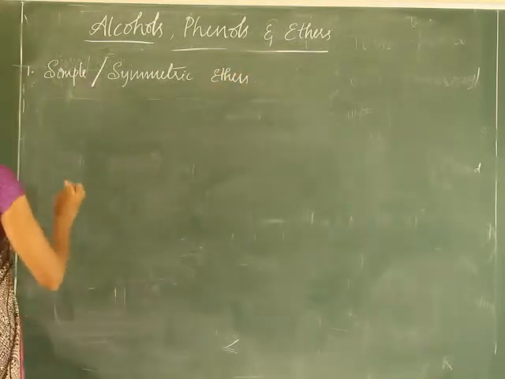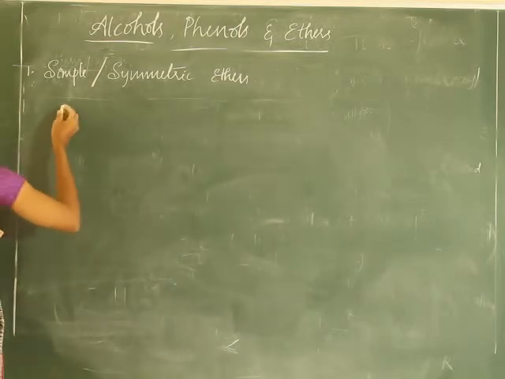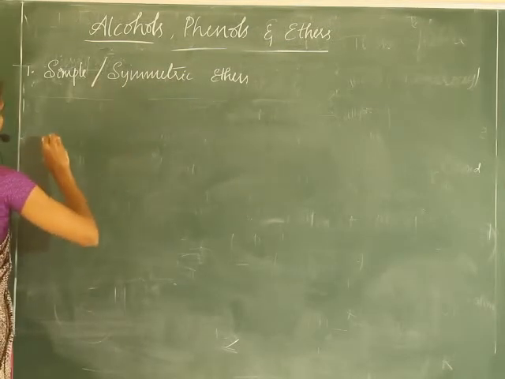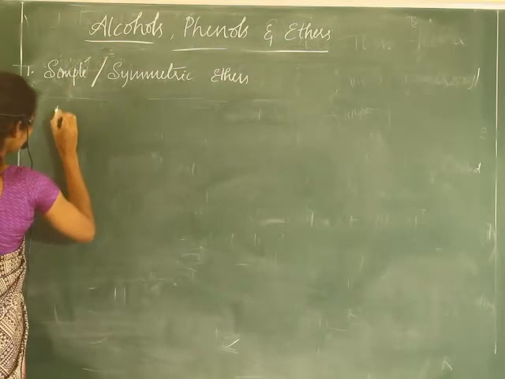What are simple or symmetric ethers? That is, if the alkyl or aryl groups attached to the oxygen atom are the same, then they are called simple. I'll write one general example.